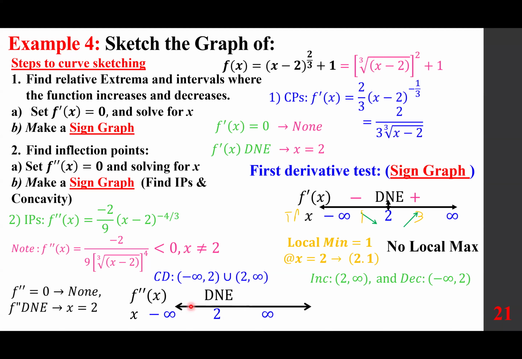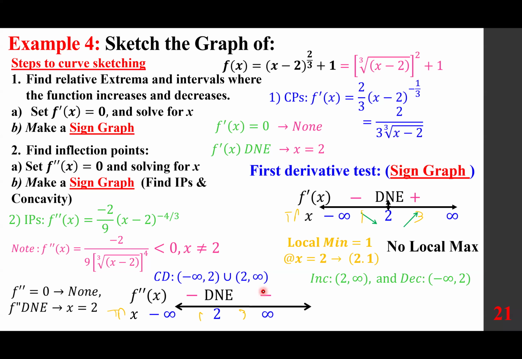And if you go with the test points, TPs, put 1 here, 3 here. If you put 1 or 3 it makes no difference: this one, cube root, whatever, to the power of 4 is positive. So negative over positive times positive, it's negative. So that's the same result. Again, you don't have to do that, but just in case.